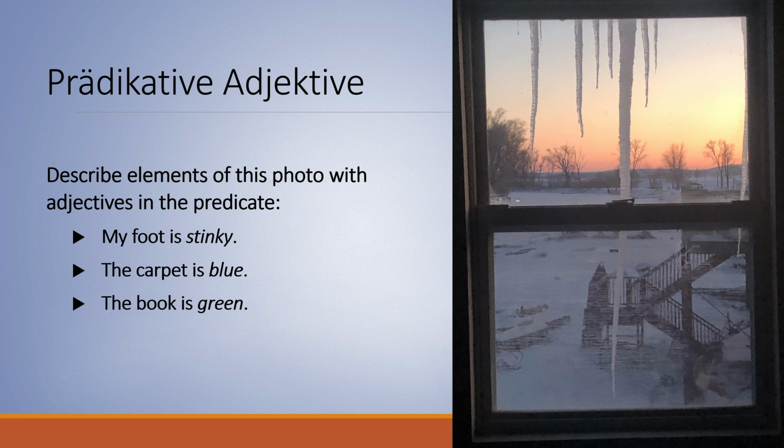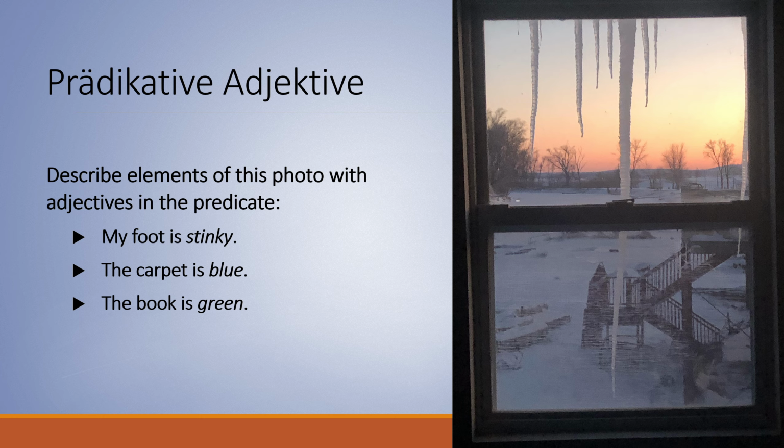For example, my foot is stinky, right? Stinky is our adjective. It comes after the verb. The carpet is blue, after the verb once again. The book is green. So predikative Adjektive, or predicate adjectives, are distinct from attributed adjectives.